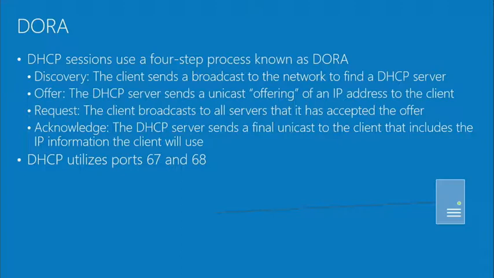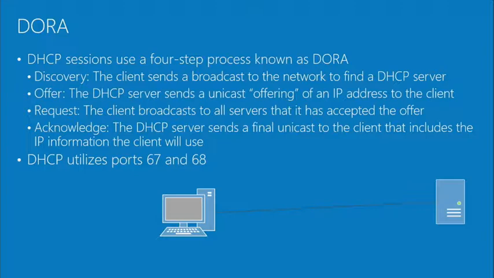DHCP sessions use a 4-step process known as DORA: discovery, offer, request, and acknowledgement. If we look at the graphic here, we see a client coming online. It's booting up, it's been turned off, and at this point, it may or may not have an existing address.